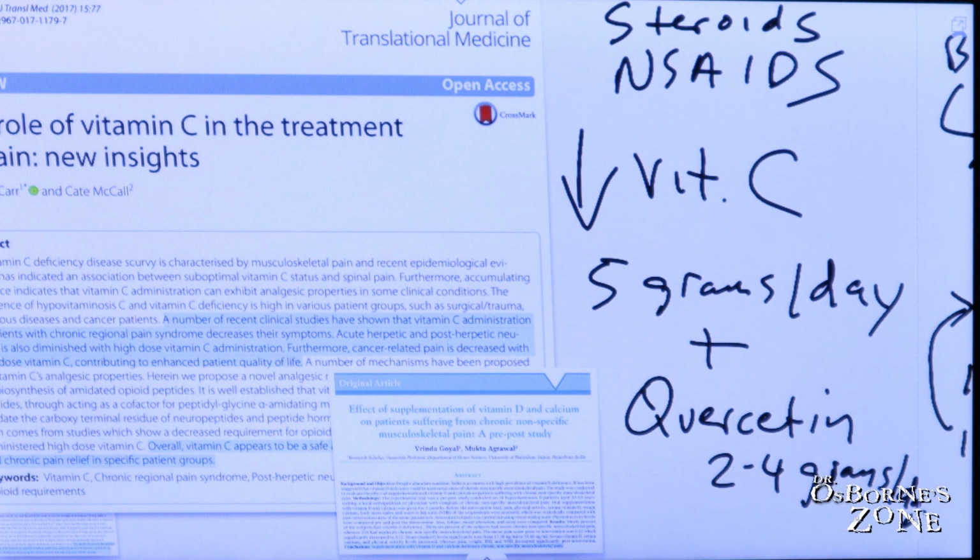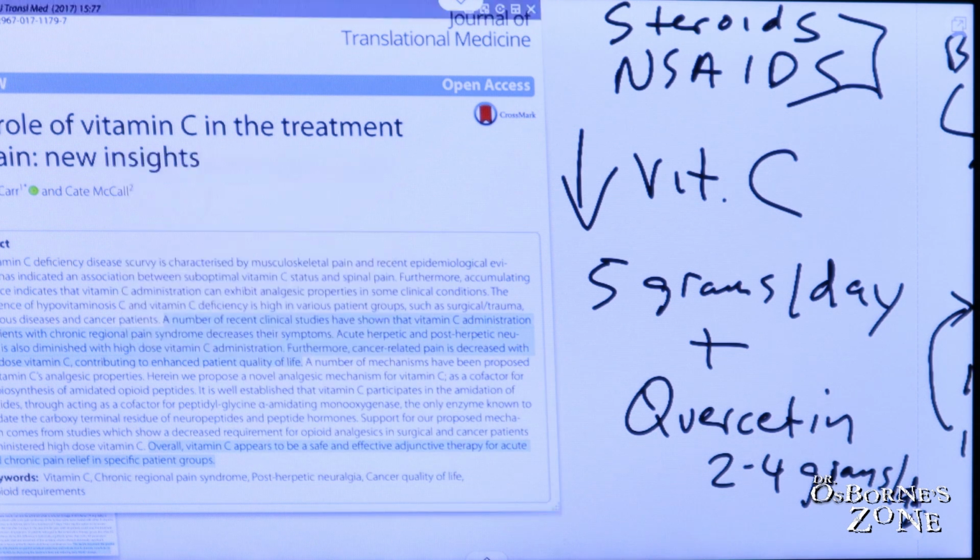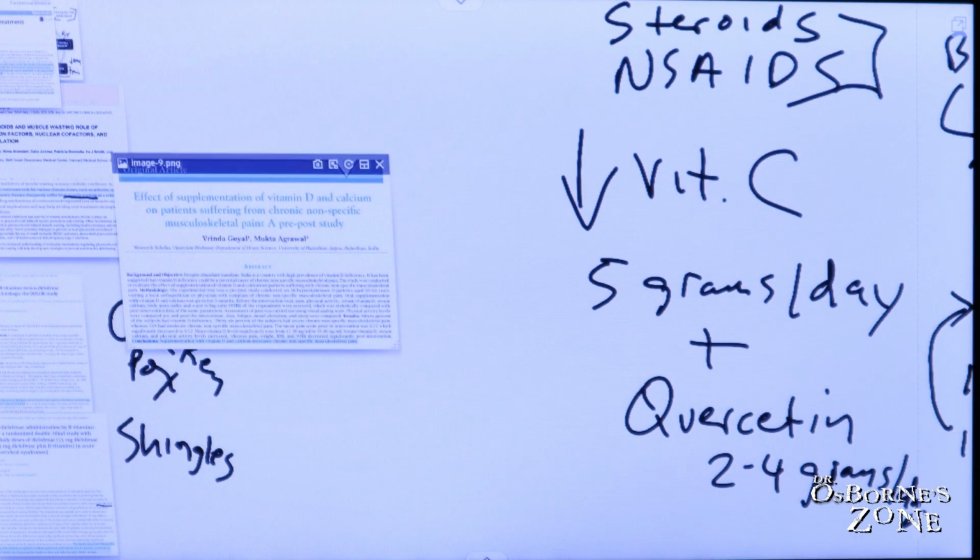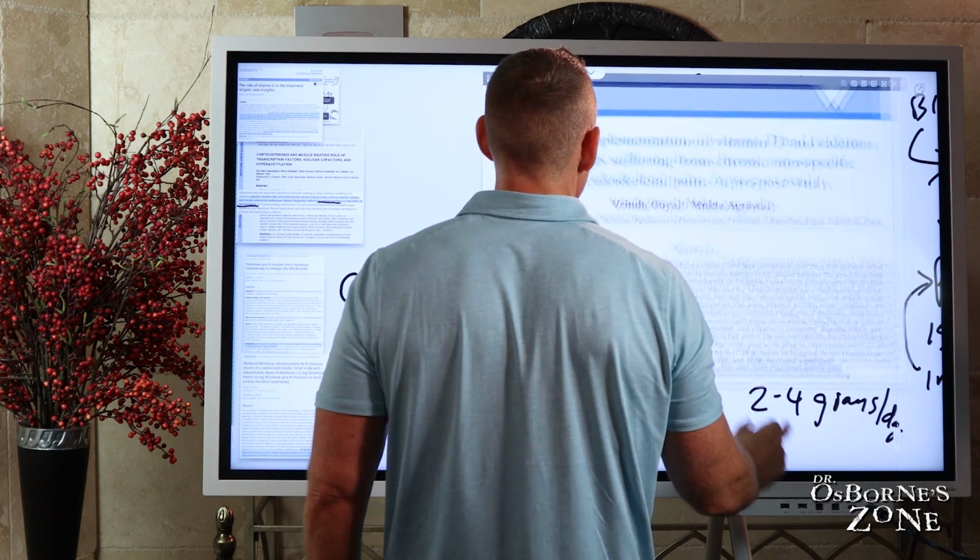In many cases, one of the ways I help people wean off of these medications is with this combination. So if you find yourself there, talk to your doctor about that combination and what it might be able to do for you.